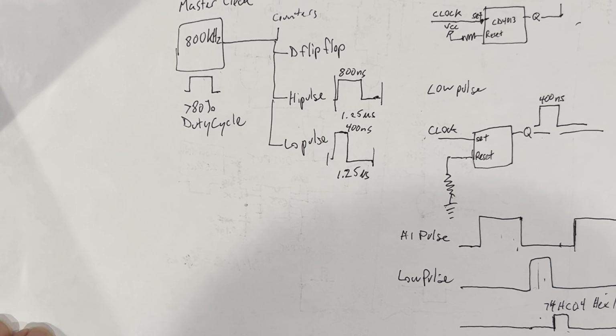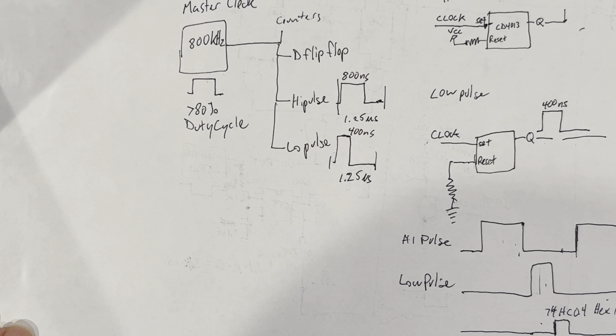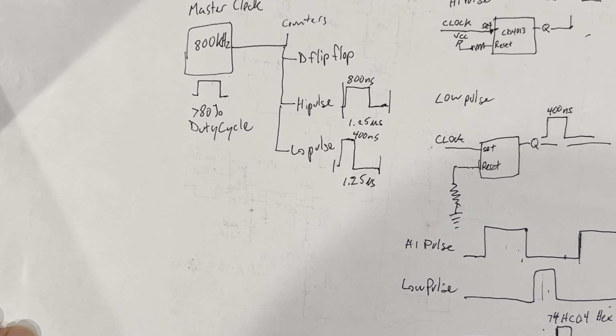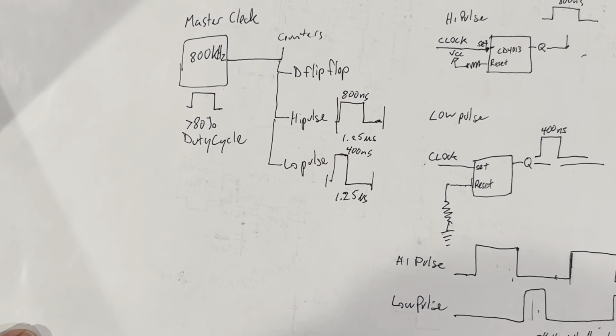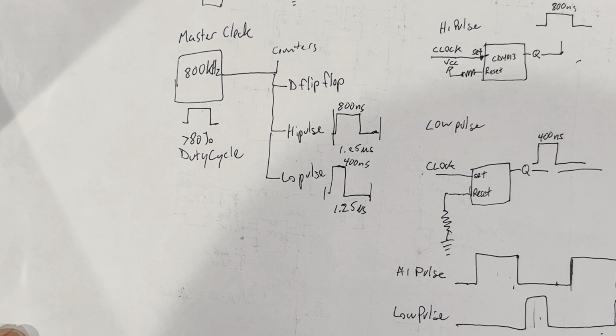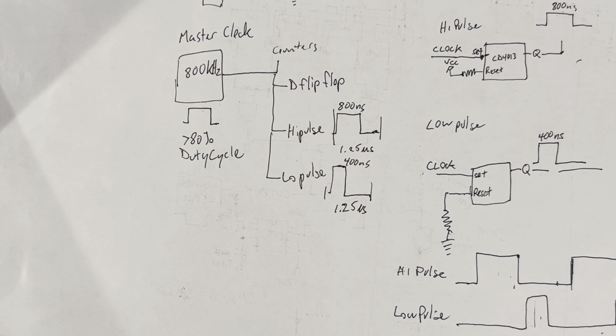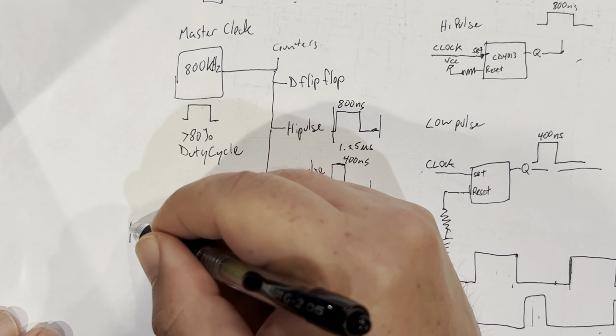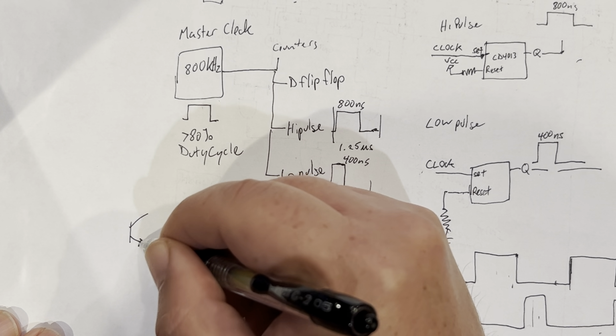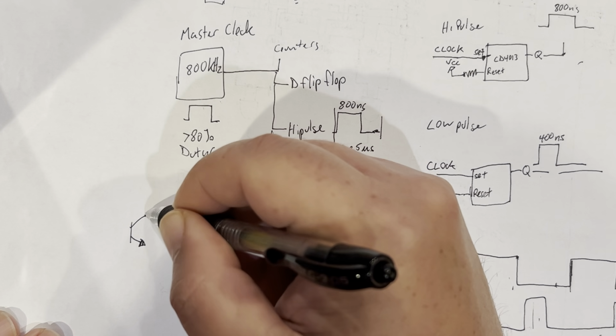And so it turns out that when you take a regular NPN transistor, a 2N2222, which I seem to have a bunch of, that transistor has its own propagation delay.